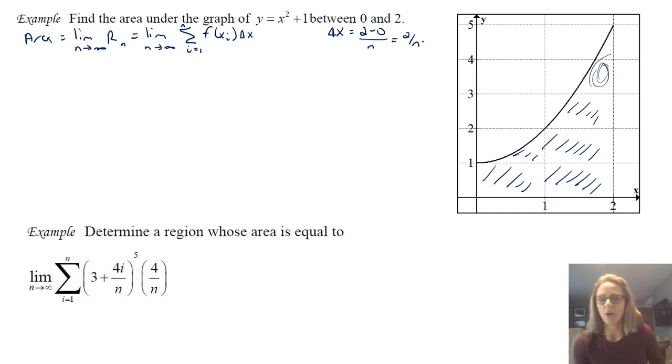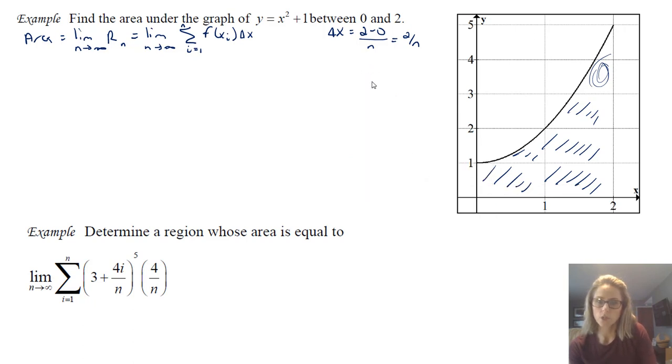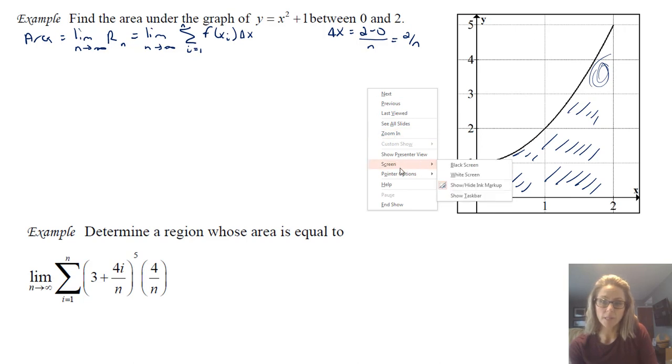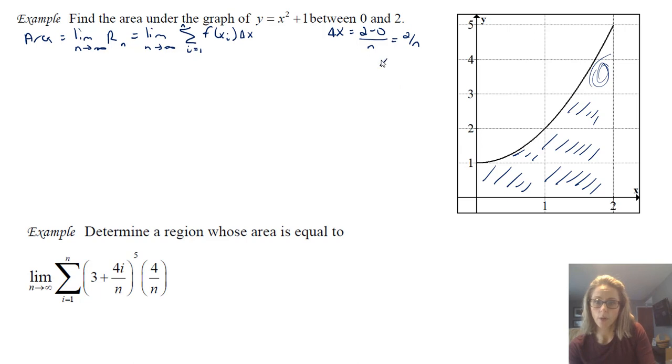Now, your sampling points. So your first value, x sub 0, would just be 0. But I'm using the right-hand sum, so I'm going to start with x sub 1. So x sub 1 is 2 over n. And then my x sub 2 is just adding another change in x, another delta x. So 2 over n plus 2 over n is 4 over n.